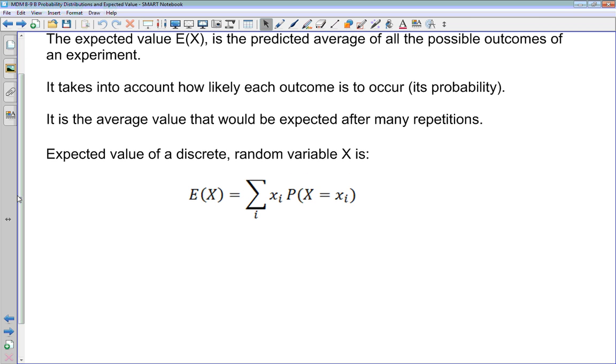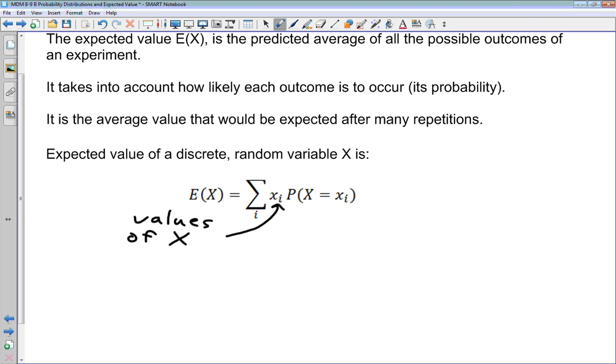Here is the formula for the expected value of a discrete random variable, capital letter X. Again, we've got this big Greek letter sigma here, which means we are adding a bunch of things together. All of the things that we are adding together are indicated by this subscript i. What we have is these individual values, x subscript i. Those are the values of our discrete random variable.